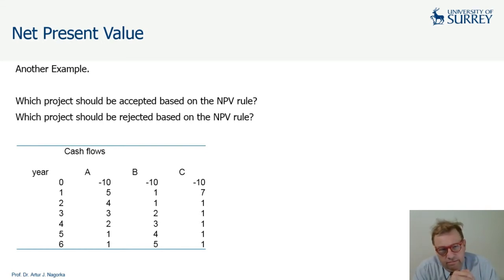I may say them now: for year 0 it's 1, for year 1 it's 0.909, for year 2 it's 0.826, or maybe I will, if you copied this, please make sure that you copied.